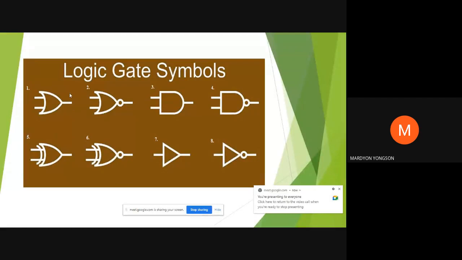Sige, for the first one, we have this OR gate. For number 2, we have NOR gate.